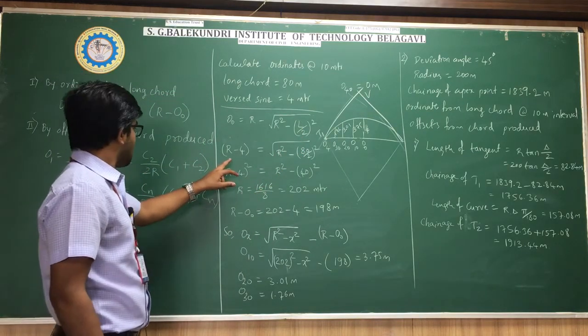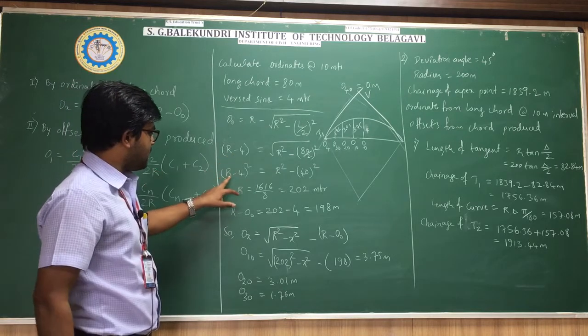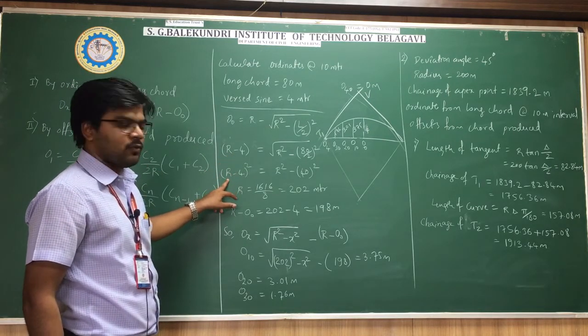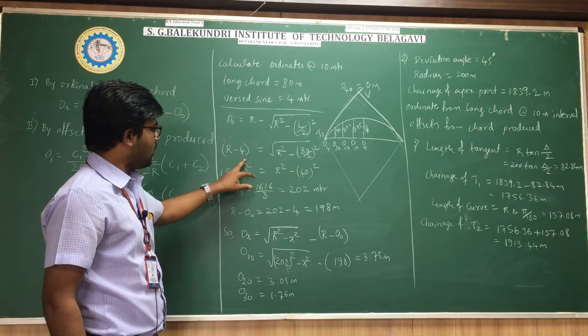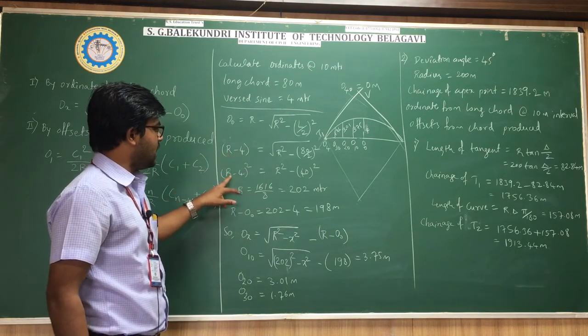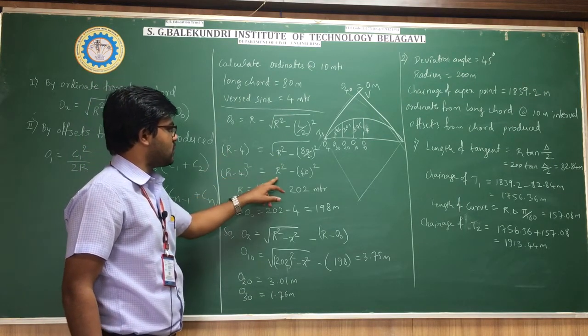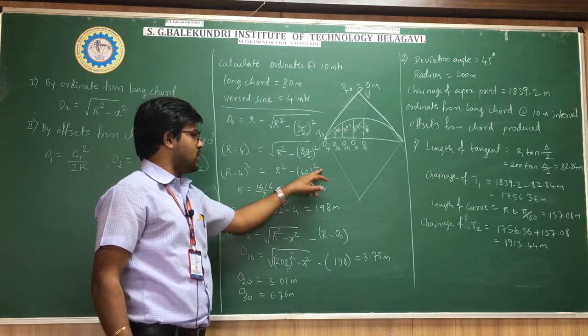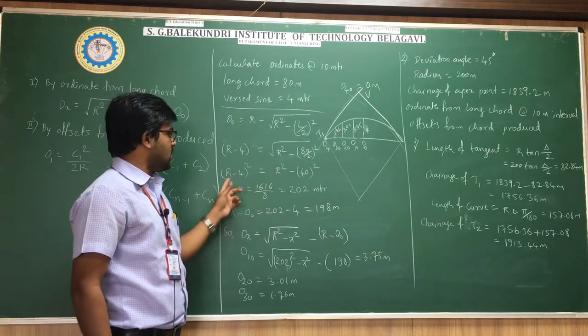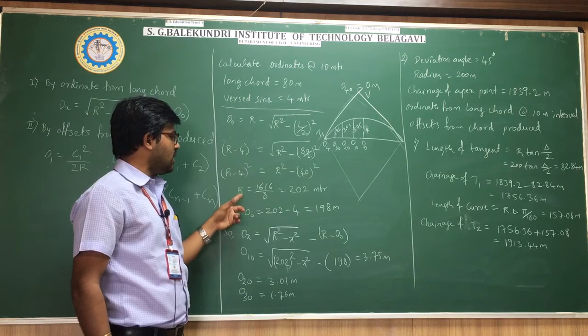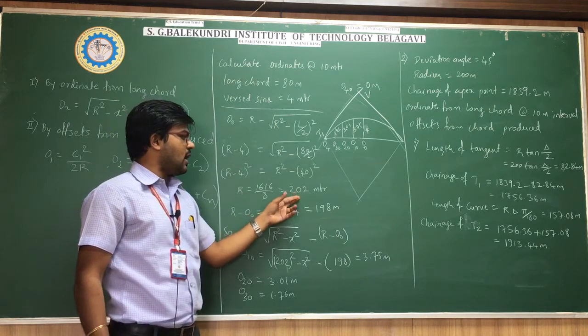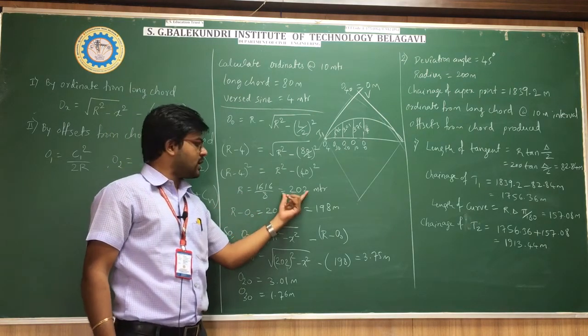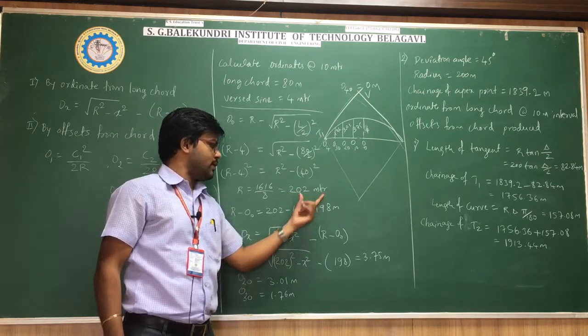Now taking out the r value, (r minus 4) square equals r square minus 40 square, and we get the r value as 202 meter.